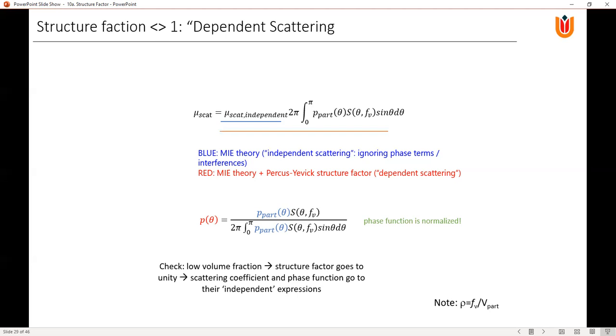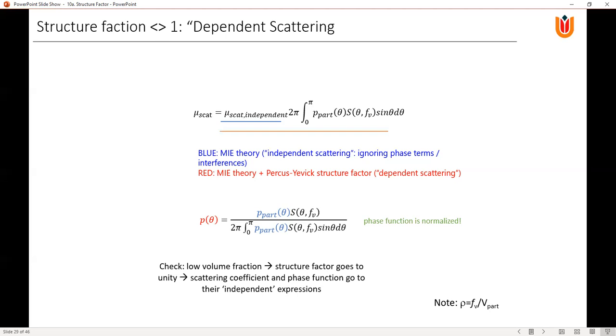So for a single particle using Mie, you can calculate a phase function. I'm a little bit hesitant about this point because I'm not even sure if it is truly valid if we do this. But for a single particle, the phase function is defined. That is just the angular redistribution of the light. So now let's say we want to calculate the angular redistribution by this ensemble of particles.